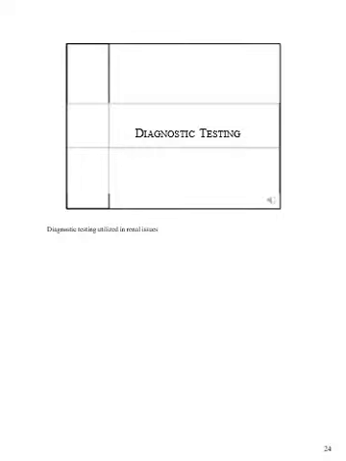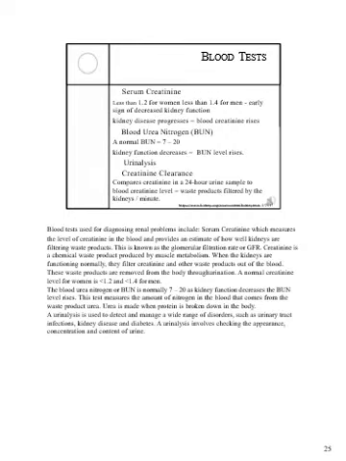Diagnostic testing utilized in renal issues. Blood tests used for diagnosing renal problems include serum creatinine, which measures the level of creatinine in the blood and provides an estimate of how well kidneys are filtering waste products.